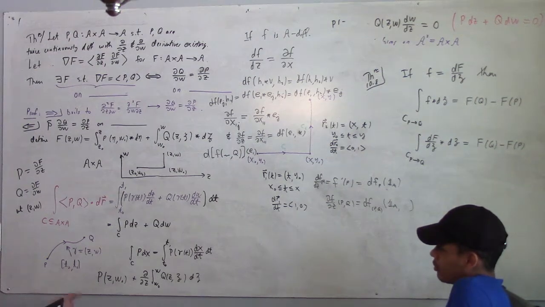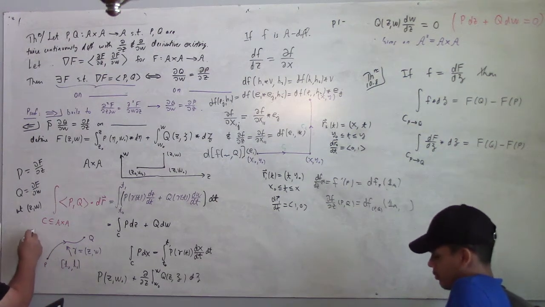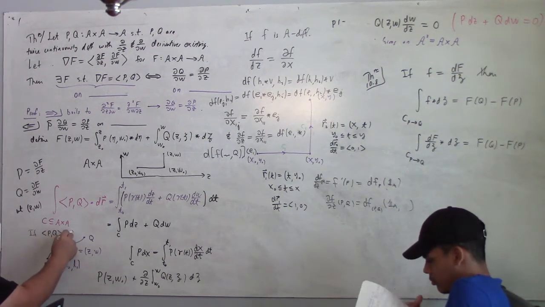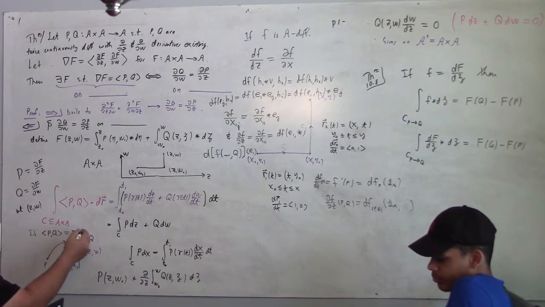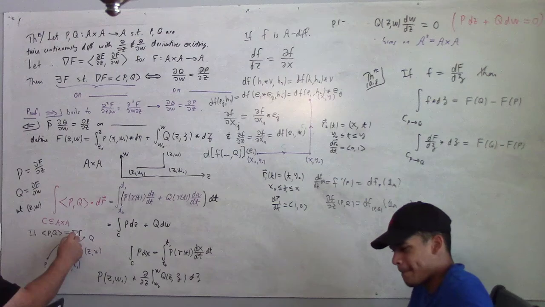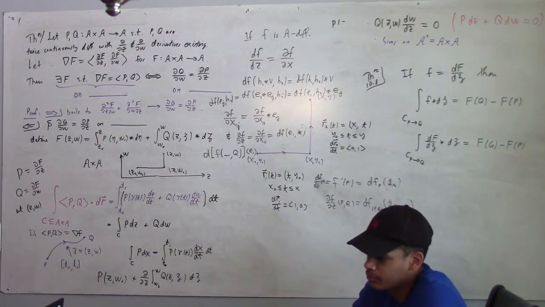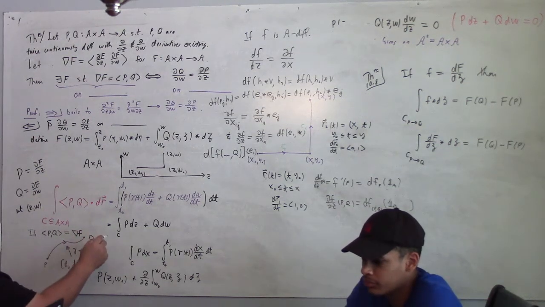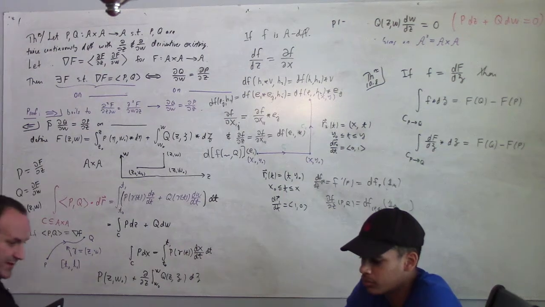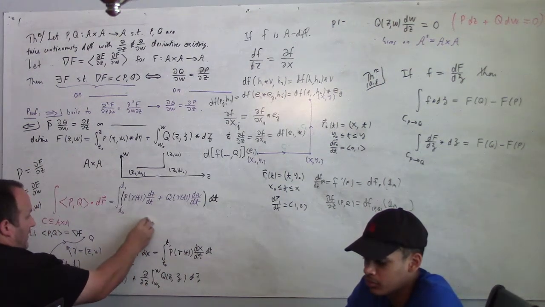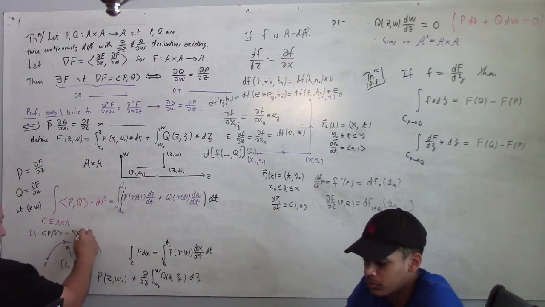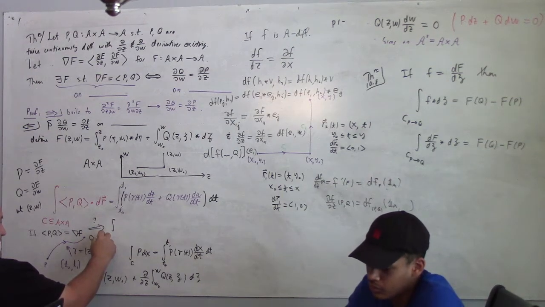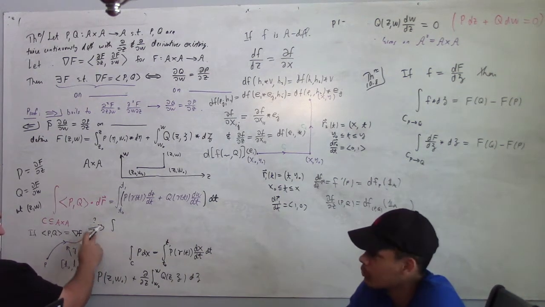So here's my question: if PQ is equal to the gradient of, let's call it little f, does that imply that the integral from, say, point, I need some notation here.